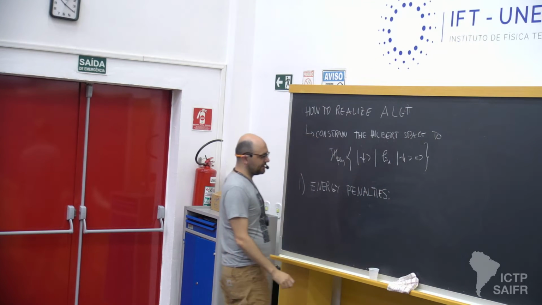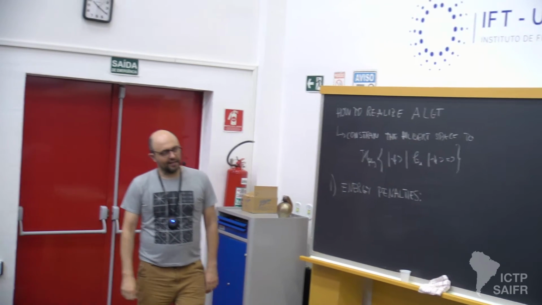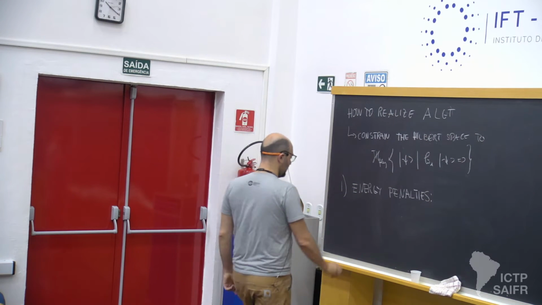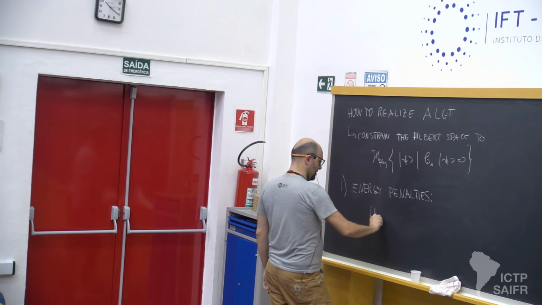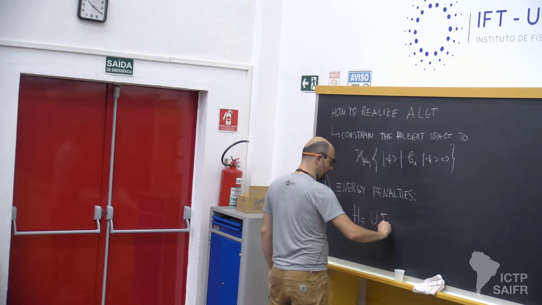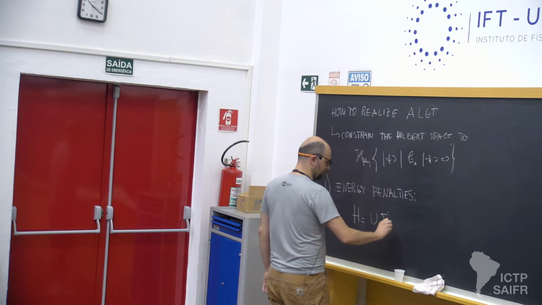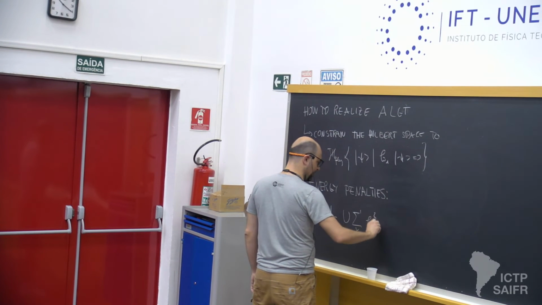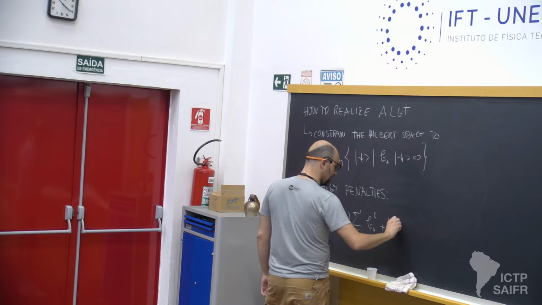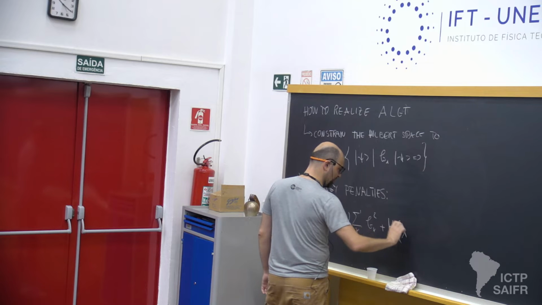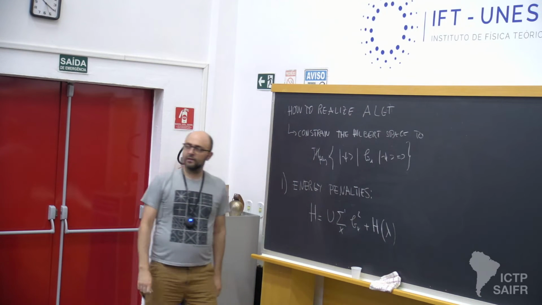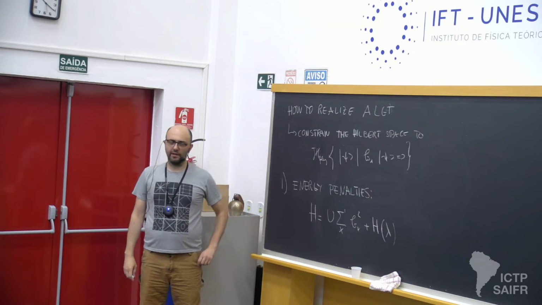The idea is very simple. Instead of realizing these Hamiltonians directly in the lab, we initially have a Hamiltonian U times the sum over all the vertices of G_x squared, plus another Hamiltonian H prime, which depends on coefficients lambda. That's what we realize in the experiment.